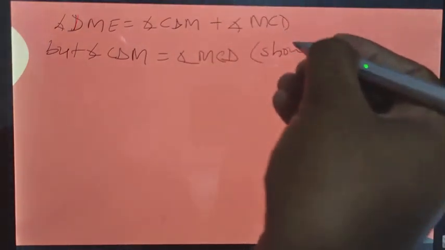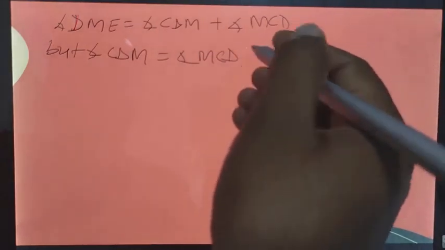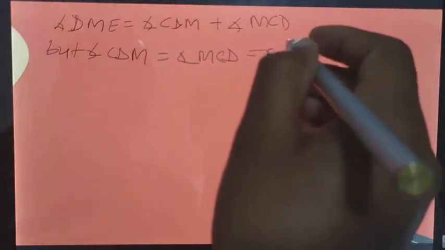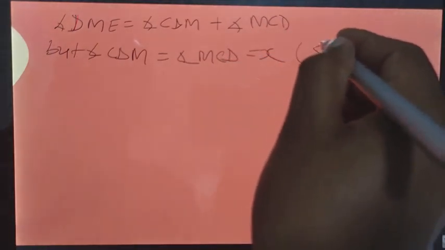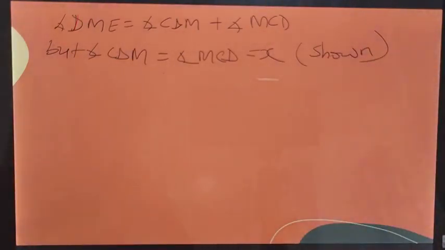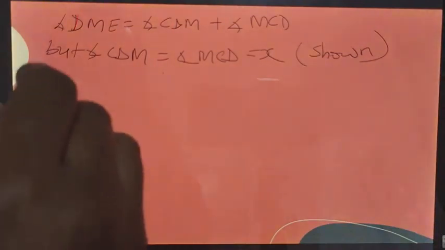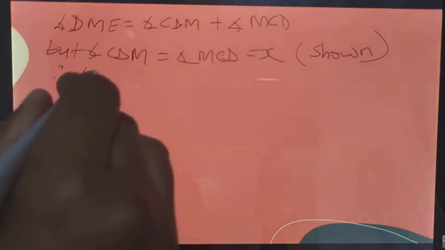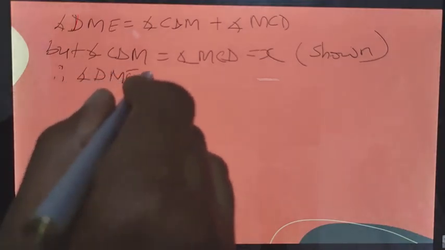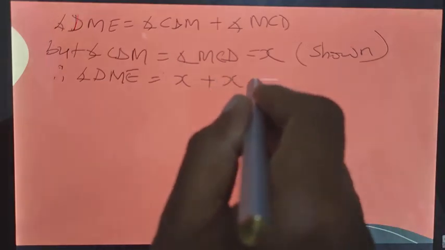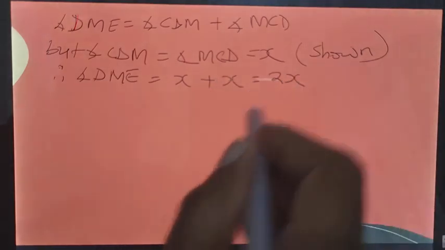For us to solve properly, let's say each angle is X. They are just to make our solving easier. Therefore, angle DME is equal to X plus X, which is equal to 2X.